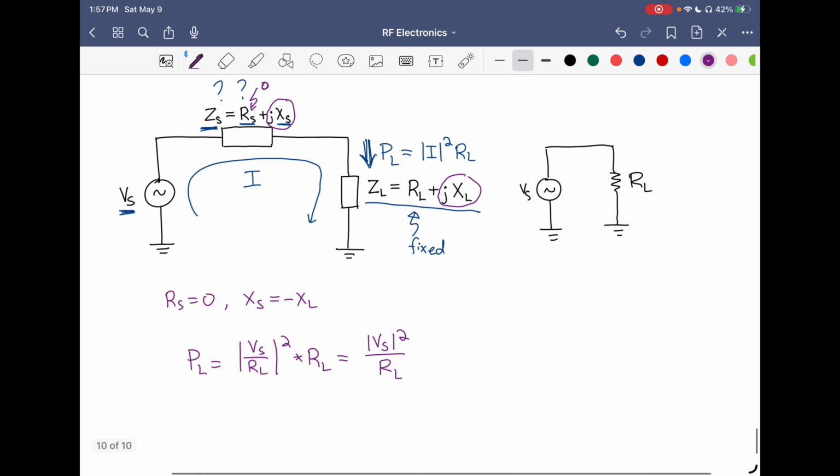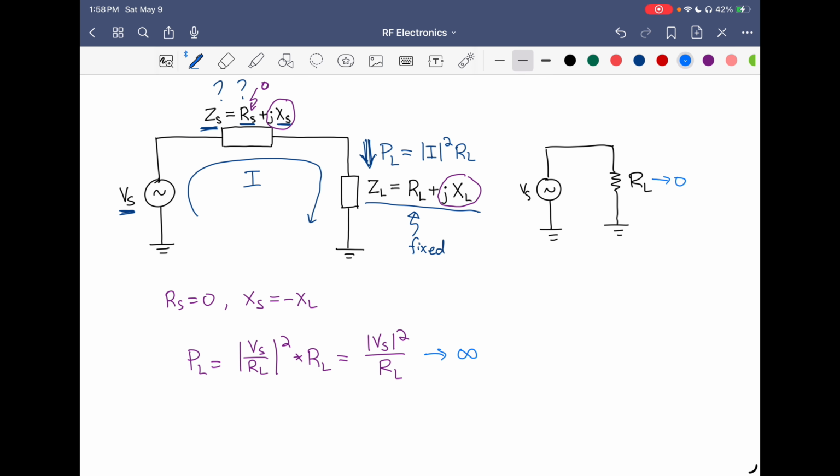So you can see the conditions of the problem matter, because in the extreme case, let's consider if we choose the load resistance to approach 0, what happens? Then the load power can actually approach infinite. This is because we have a voltage source, which we assume has no current limits on it.